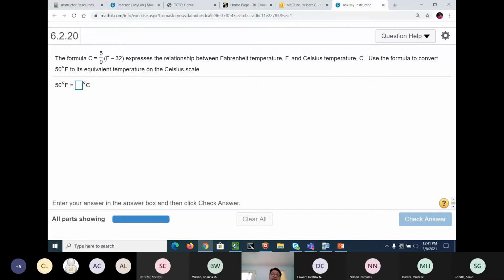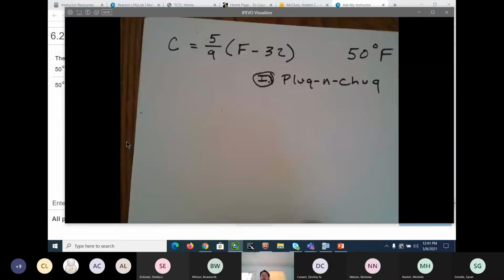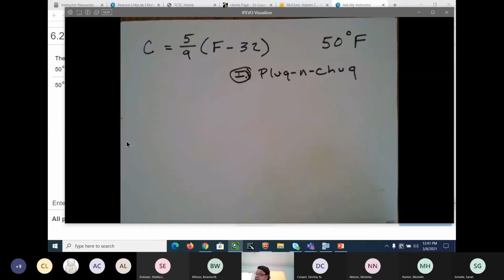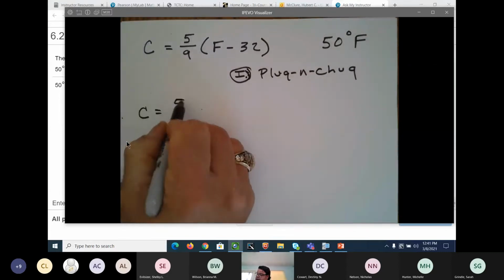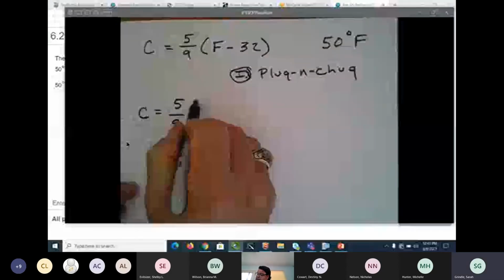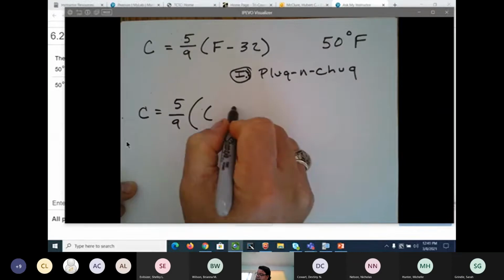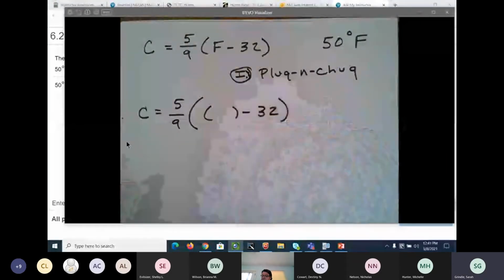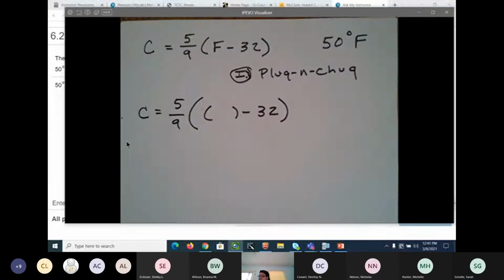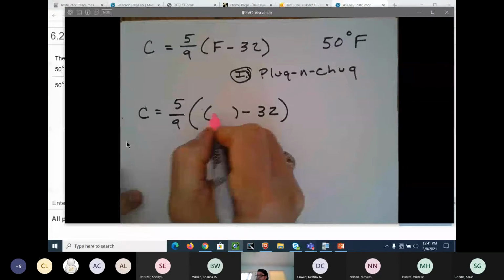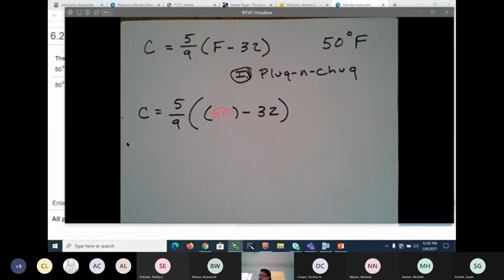So here we go. So C is equal to 5/9, parentheses, minus 32. And I'm going to plug that 50 in there. And 50 minus 32 is what, 18?